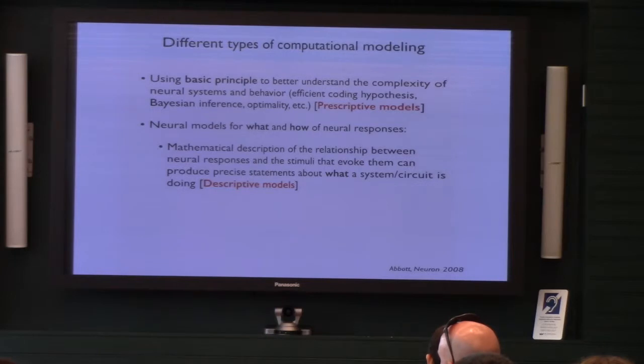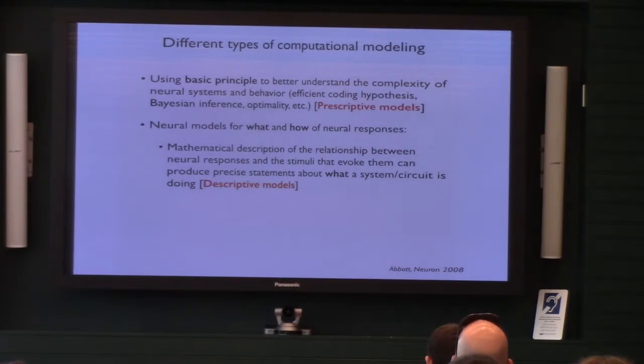All the stuff that Alex told you for the past hour falls into this kind of model. Basically, you look at the neural activity and the stimuli, in that case natural stimuli, to tell you what the system is doing, how it is processing information, what is related to what, which part of the brain is doing what, and so on.